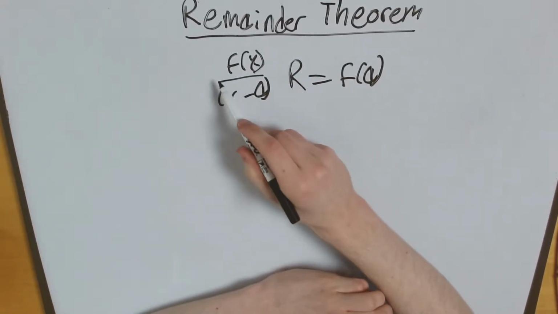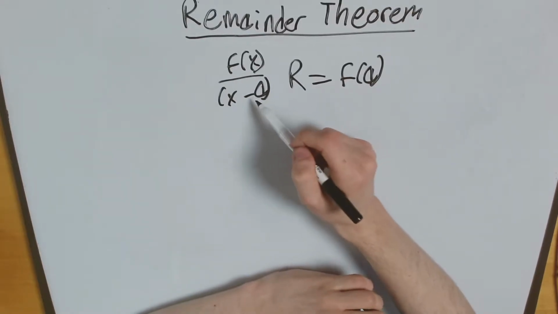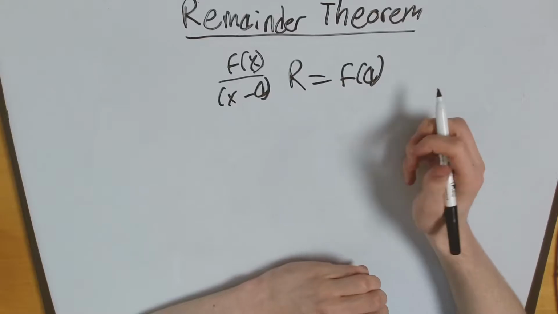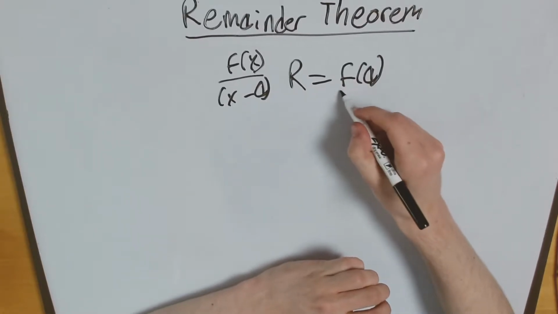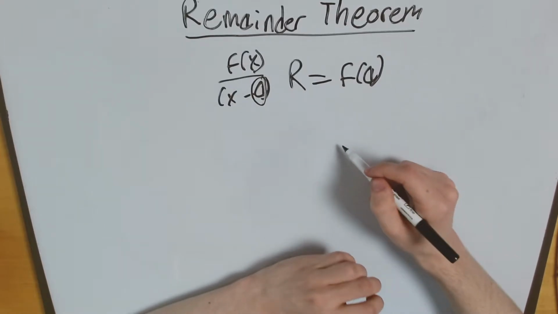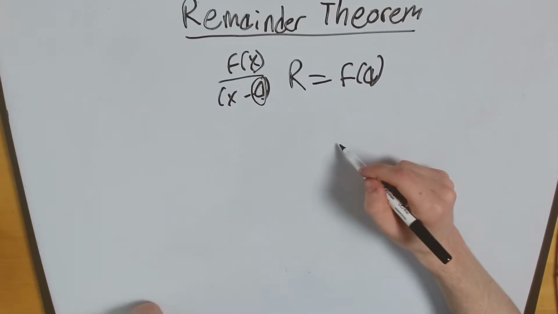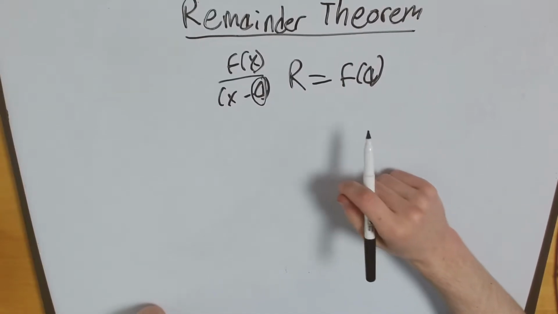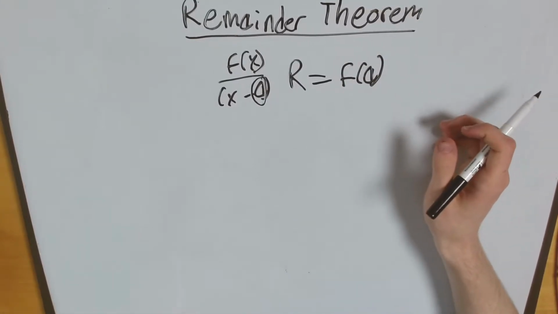So after you've divided f of x by x minus a, that remainder, the one term that you can't fully fit in, is going to be equal to the original function, but plugging in this a term. You may say, well, why is that useful? Why would this ever be useful for anyone whatsoever?